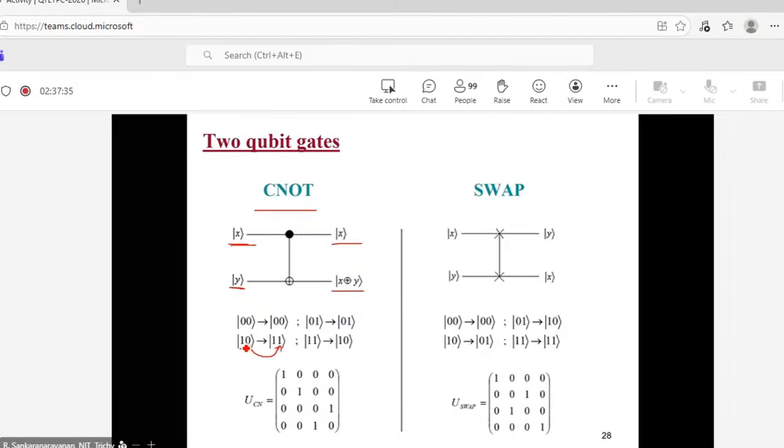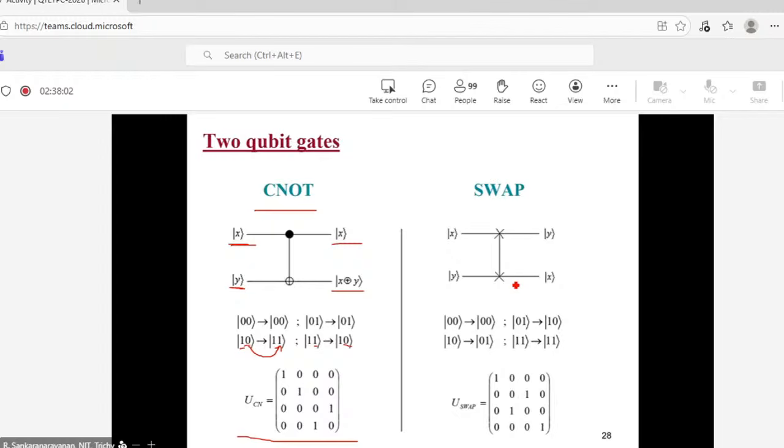If the first one is 1, it is going to flip the second one from 0 to 1 or 1 to 0. And this is called a CNOT or controlled NOT gate. Okay. So the corresponding unitary operation is given over here. And this is one fundamental 2-qubit gate from the quantum computation point of view.